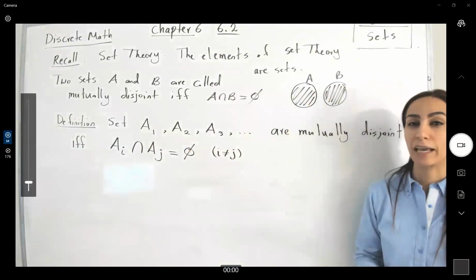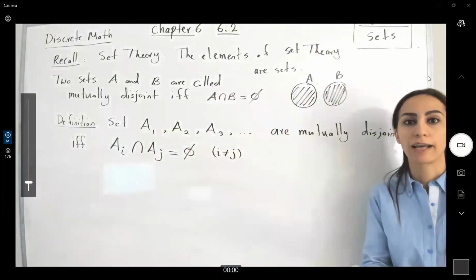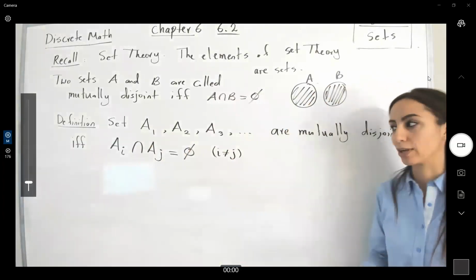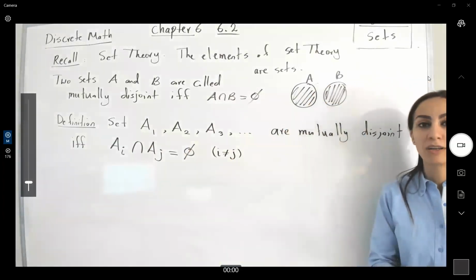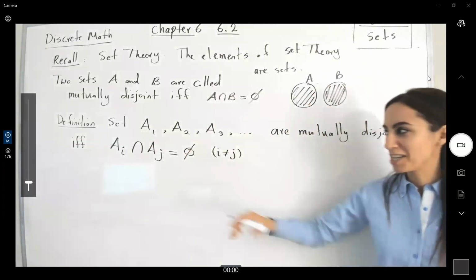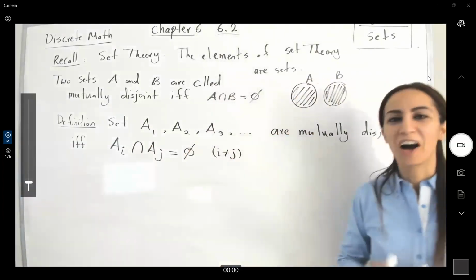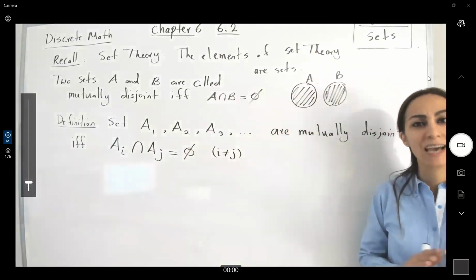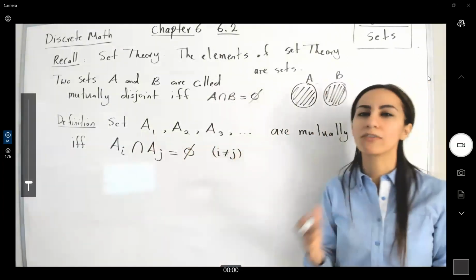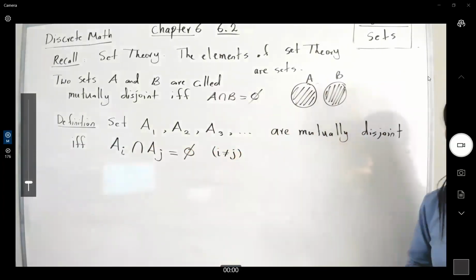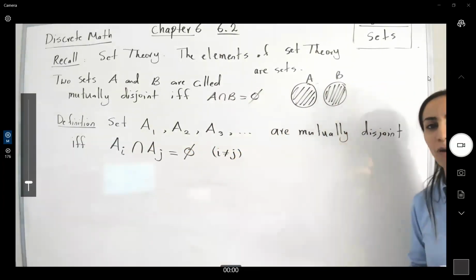Of course, if you take A1 and A1, the intersection is equal to A1. So it's very important that we take sets that are different from each other. If the intersections of those sets are all empty, we say that we have a collection of sets that are mutually disjoint from each other.